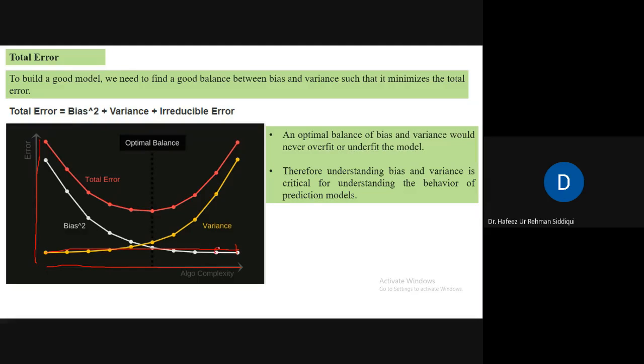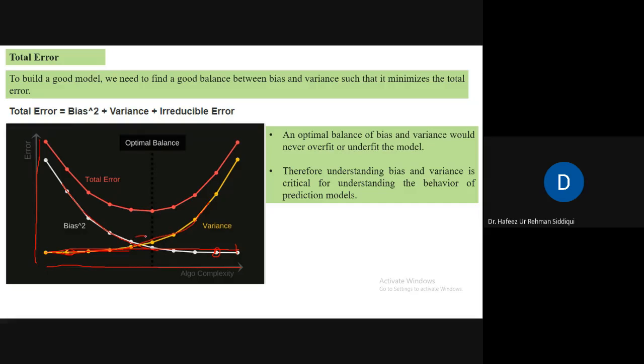And if you decrease the variance and increase the bias, you are moving toward complex algorithms. And if you decrease the variances, you will move from complex to simple algorithms, but at the same time you start increasing the error as well.